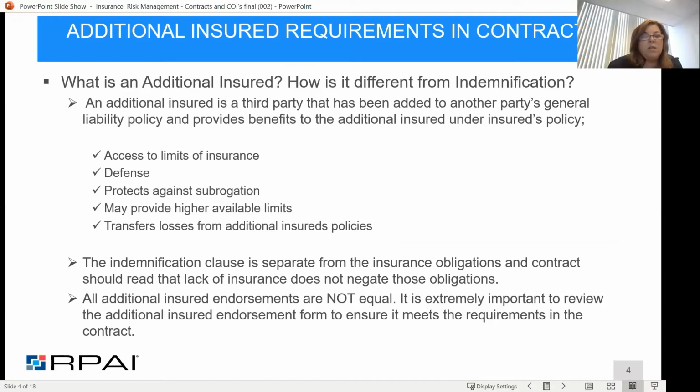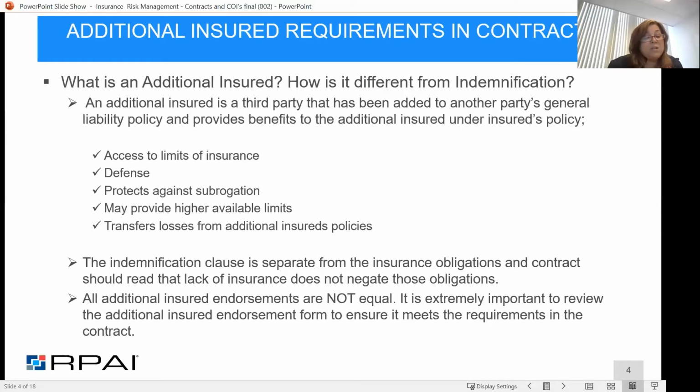So the additional insured is when a third party agrees to add another entity onto their liability policy and provide them with benefits under that additional insured policy. An indemnification, on the other hand, is the clause that says the party has the obligation to indemnify and defend the other party.